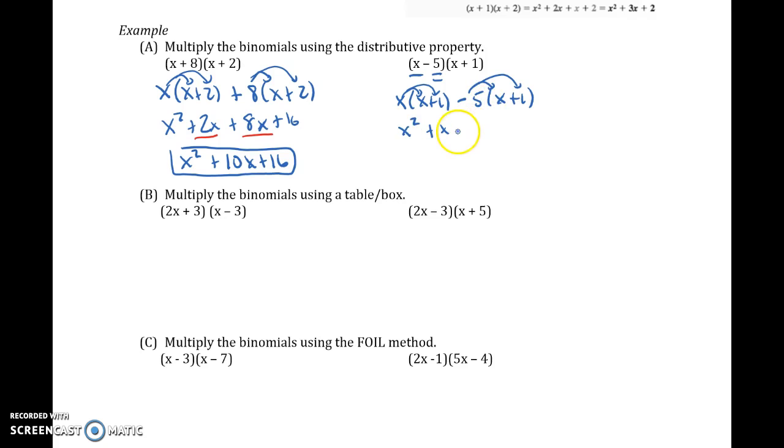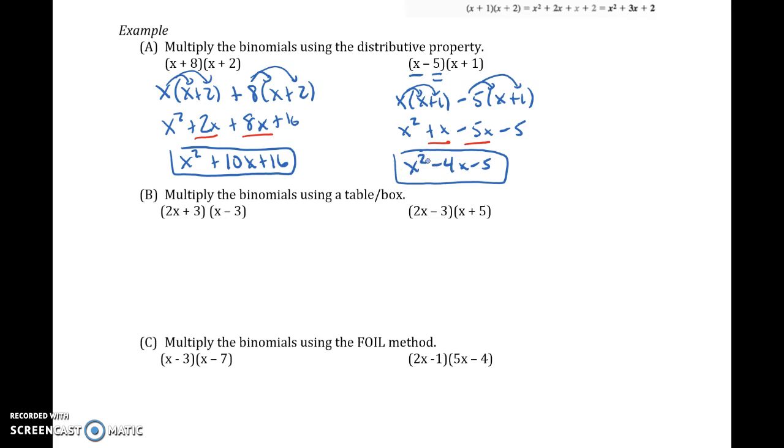So negative 5 times x is a negative 5x. Negative 5 times 1 is negative 5. And then let's go ahead and combine your like terms once more. So x squared minus 4x minus 5. All right. One of the biggest errors that I often see with this type of problem is just the negative sign. So you guys want to double check, be careful that your negatives are where they belong.